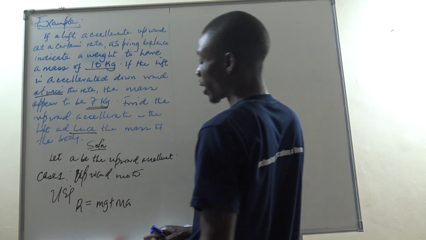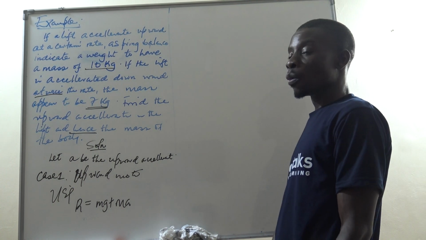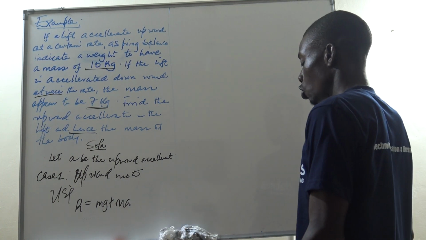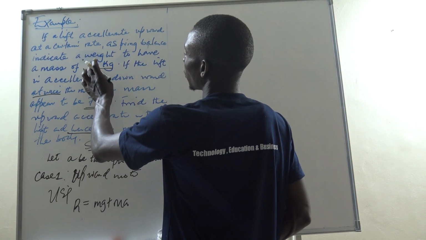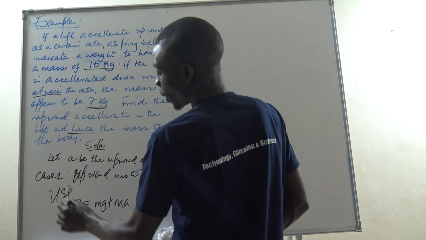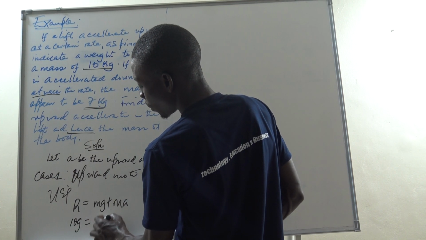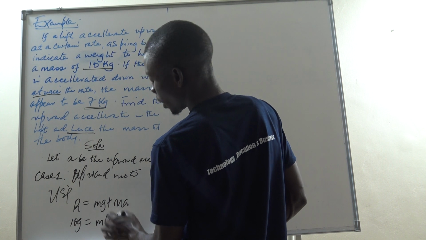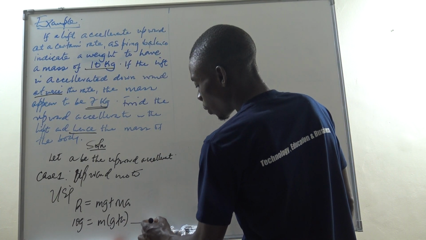If you can still remember, if a body is moving upward, the normal reaction will be the sum of those two. And what is the normal reaction? They said the mass will appear as 10 kilograms. So convert it to weight: 10g equals m into (g plus a). I can call this equation 1.